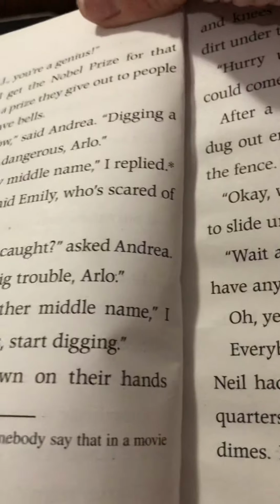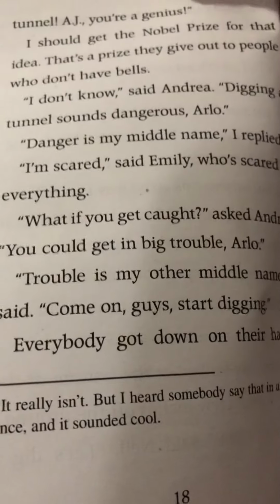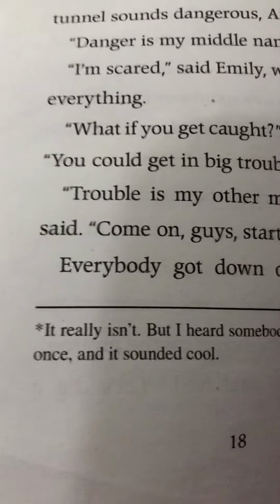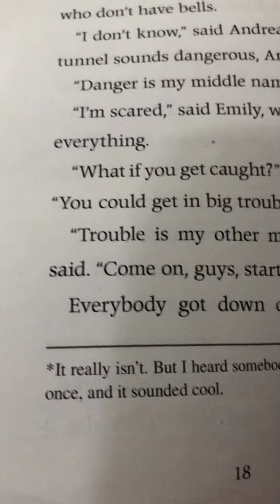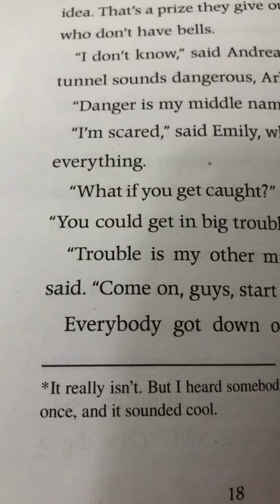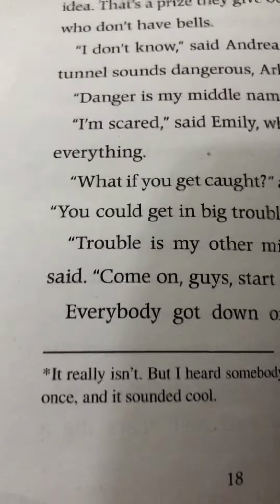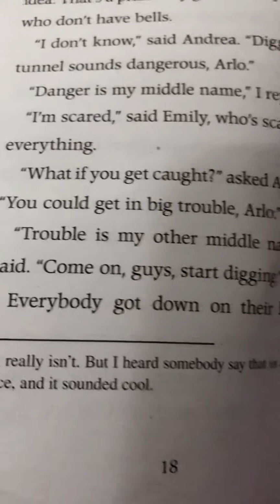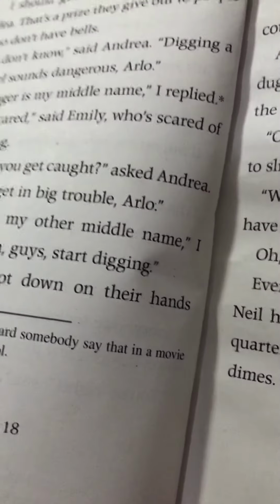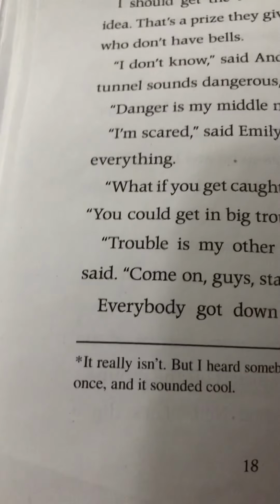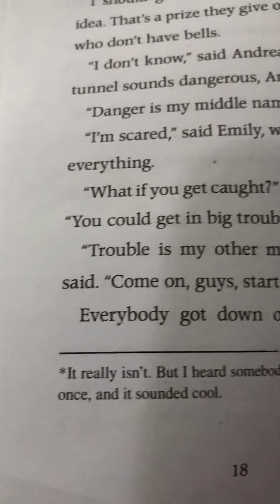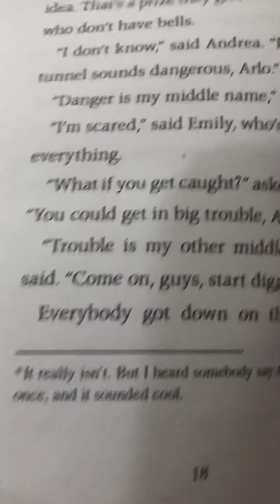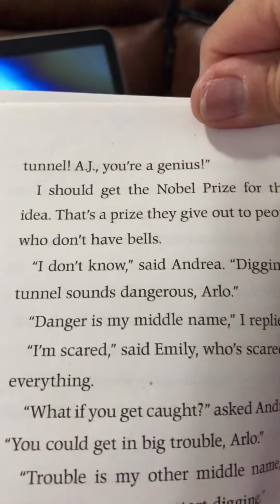And notice everybody got down on their hands. And right here on the bottom is another asterisk. That's what I was going to say, notice. It really isn't, but I heard somebody say that in a movie once, and it sounded cool.